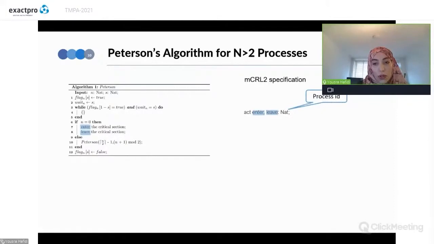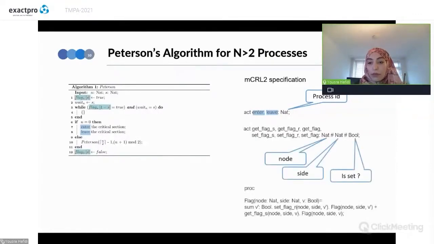The first thing is how to deal with the shared variables, flag and weight, and how to specify them. For flag, for example, we introduce a process equation that specifies reading and writing these variables, and we specify the communication between this variable and the process instance.